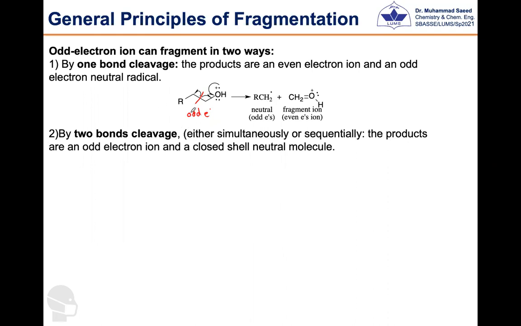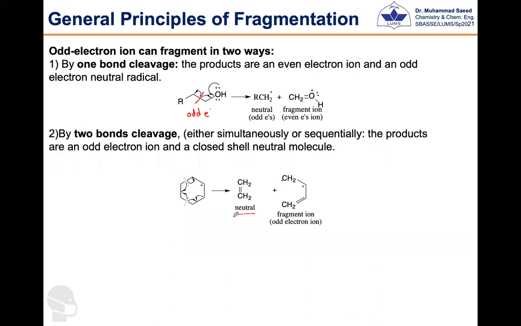An odd electron system can also fragment by two bond cleavage. Whenever this mechanism happens, two species will be formed and one will be a neutral molecule. You can see that it does not have any positive charge or any single electron drawn on it.